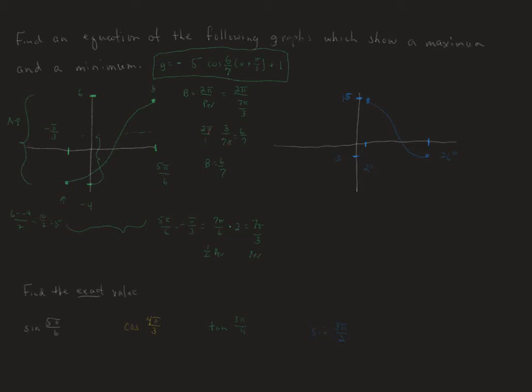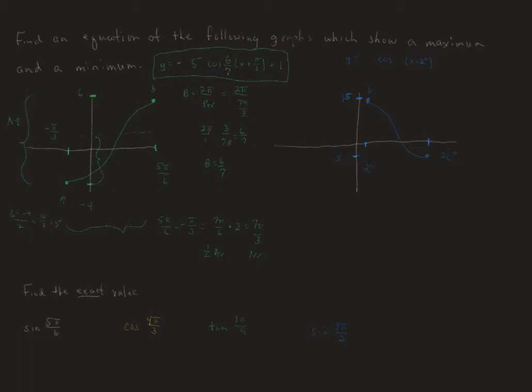Now for the blue one, same idea. We have a high point to a low point. Since we know the high and low points, I'm going to think of that as being a cosine. And I'm going to think of it as starting here, which is going to make it be a positive cosine. We can see if it's starting at 2 degrees, that this is going to be x minus 2 degrees, our translation to the starting point.